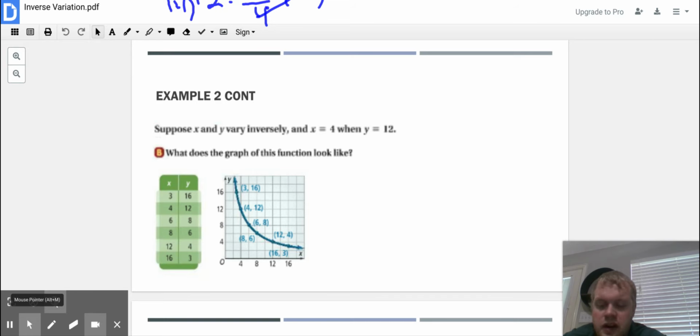You go to your graph, you can plot your points, and then form it as you see it there. Whenever you get that model and they ask for a graph or whatever it may be, your calculator can give you all this information. So make sure your calculator is nearby for this lesson because you will need it. This is what your graph should look like after that model is plugged in.